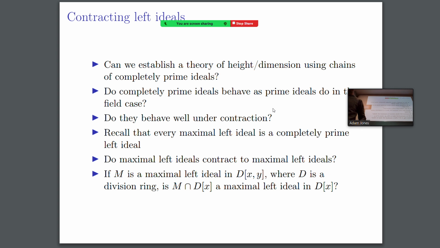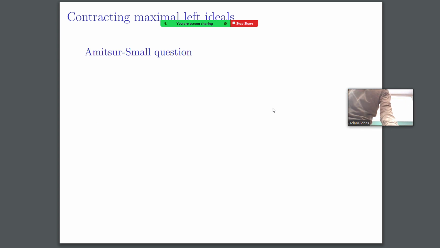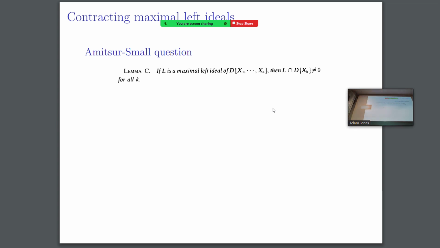We didn't know how to answer it, and so we started to search the literature. It turned out that this question was asked before us in the same paper of Amitsur and Small I told you about in the beginning. In that paper, the critical lemma for their proof is that if you have a maximal left ideal in such a ring, then if you intersect it with one variable, you get a non-zero ideal.